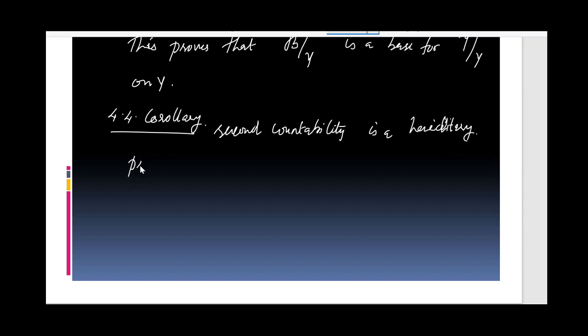So we want to show that if a space X is second countable, that means it has a countable base, then every subspace of it has a countable base. That's what we want. It can be easily deduced from the previous result.